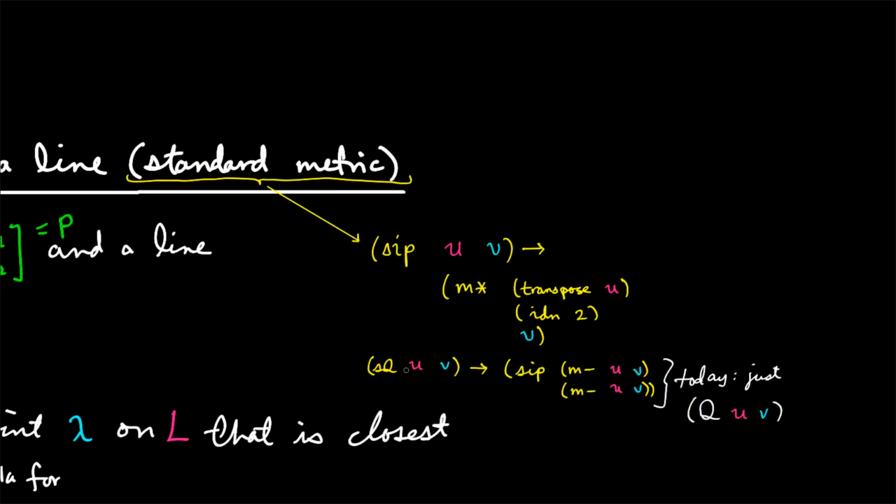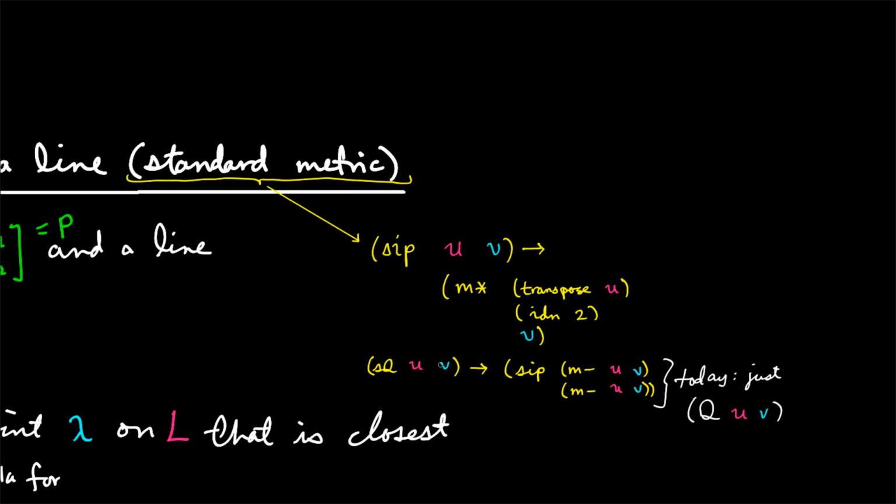And then the standard quadrance between u and v is the standard inner product of u minus v with itself. Note this is symmetric, so the standard quadrance between u and v is equal to the standard quadrance between v and u.